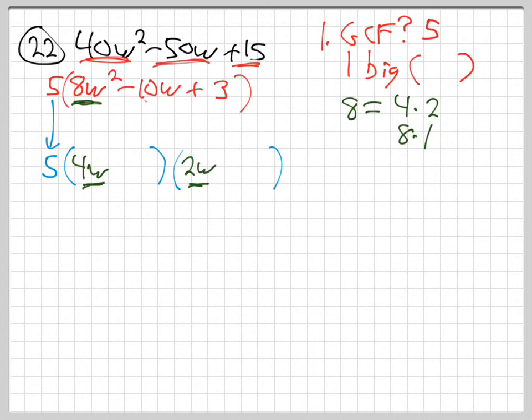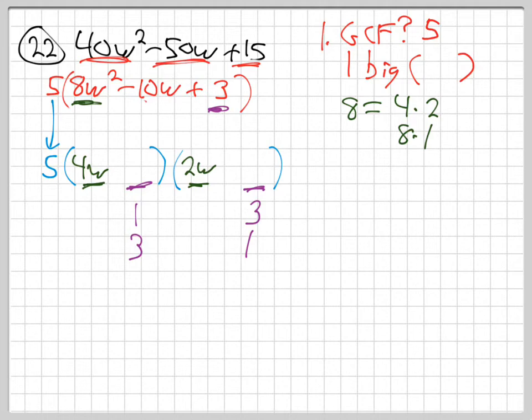Okay, now we jump to the back: last times last to make last. What times what makes 3? Well, 1 and 3, right? And there's 2 orders in which we could do it, aren't there? We could put 1 and 3 like that, or 3 and 1 like that. Both are possible. This is a very, very tricky problem.